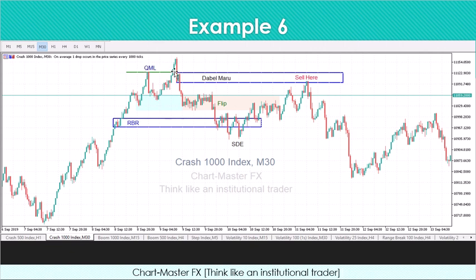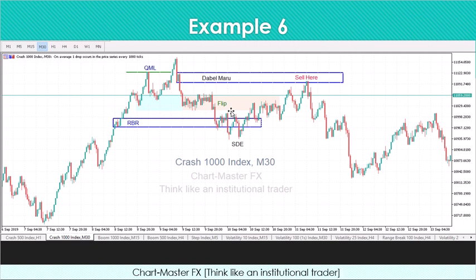So if you had waited for the price to come to this Quasimodo level, you may have missed the trade here. But if you had considered this W Maru inside, then you would have cashed the trade here. So yeah, these are the examples of SDE with PA.